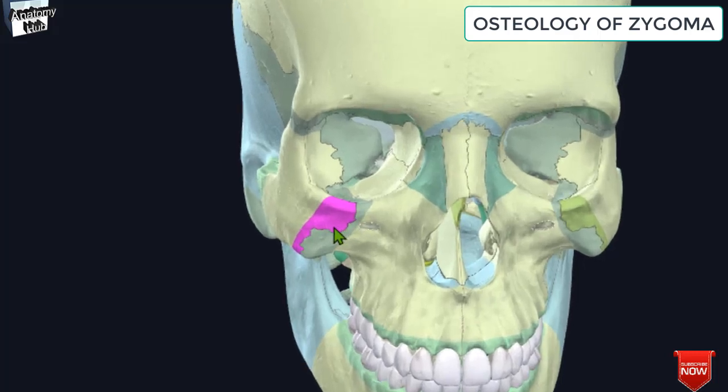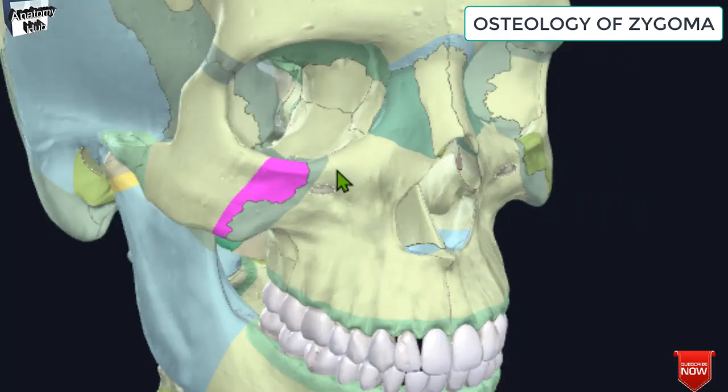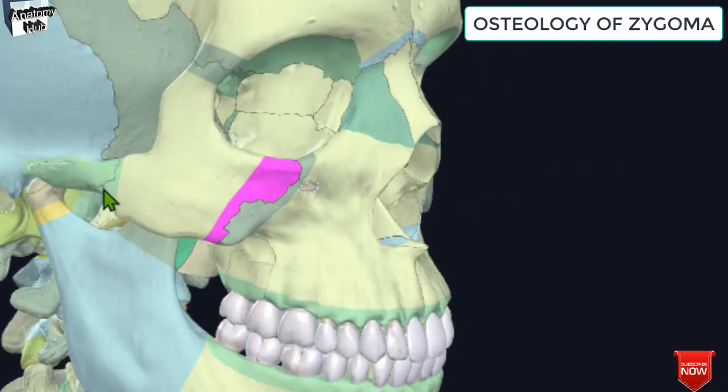So they make a suture over here. So this suture is your zygomatico maxillary suture, okay.